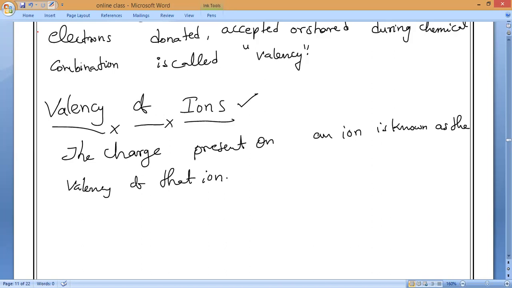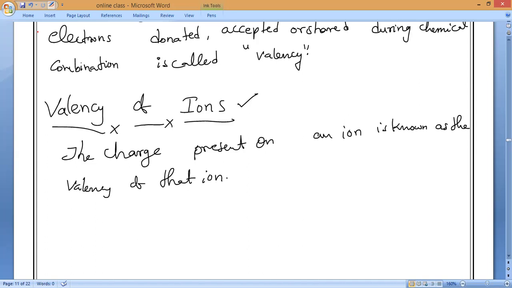That is why it is one of the most important ones. Remember, valency for atoms is also present. Valency of ions also exists. Are you clear, everybody? I will give you the best examples also, which you can remember very easily.